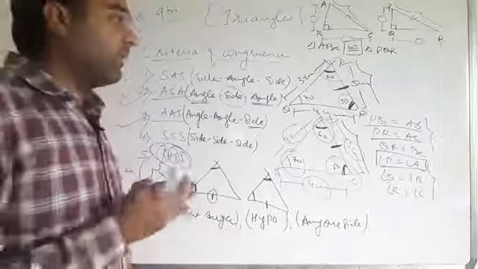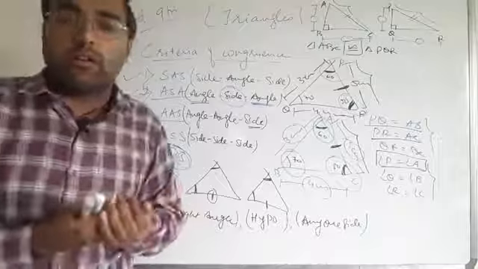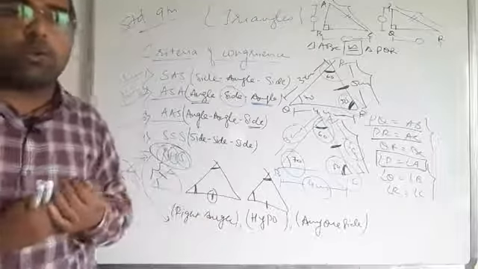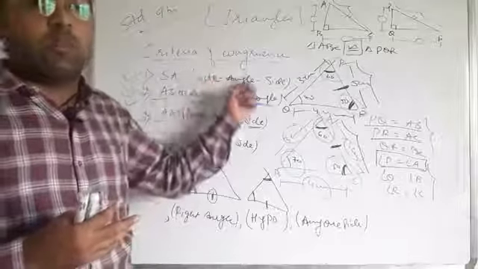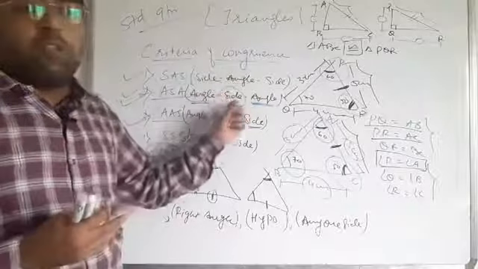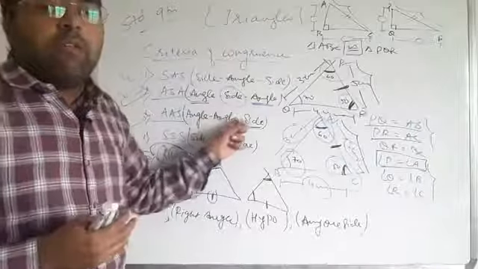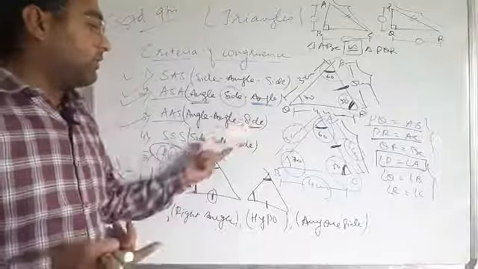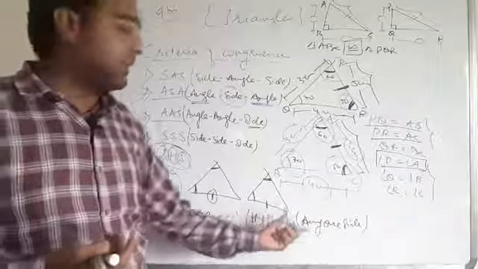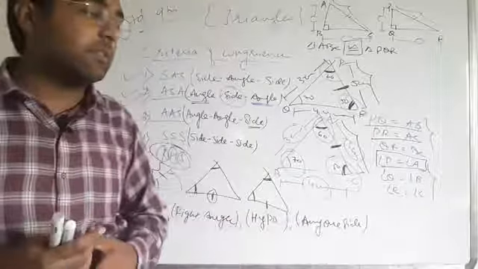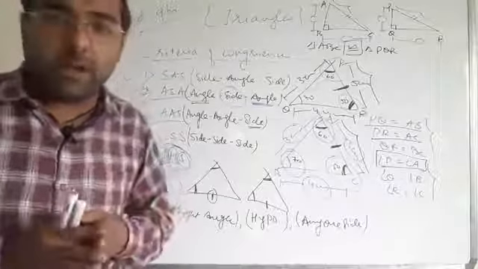If this criteria is satisfied in the triangles, then we say both triangles are congruent. We do not need to prove any other angles or any remaining sides to be equal or not. We just need two sides and the included angle, two angles and the included side, all three sides, or the right angle, hypotenuse and any one remaining side to be equal with their corresponding parts.